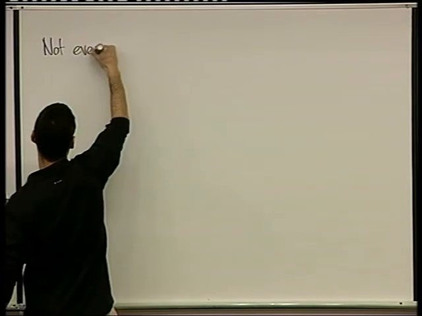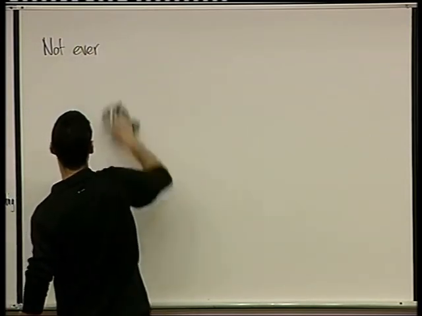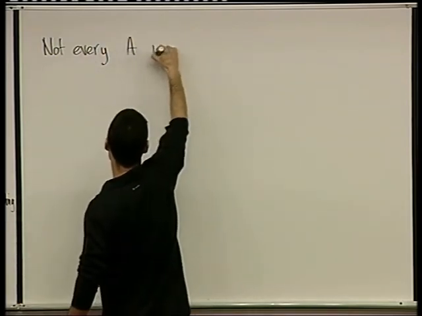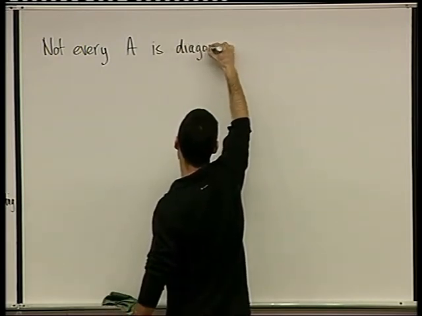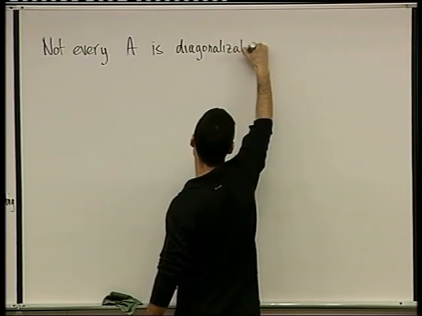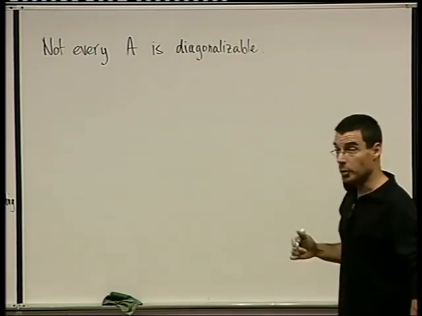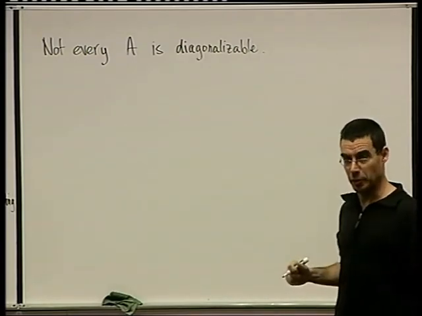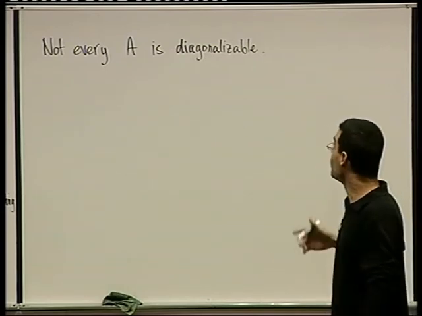So not every A is diagonalizable. Right? So when it's not, it means it doesn't have a diagonal form. We really want diagonal forms because they're easy to work with, and we'll see a bit more on that a bit later. So what do we do?